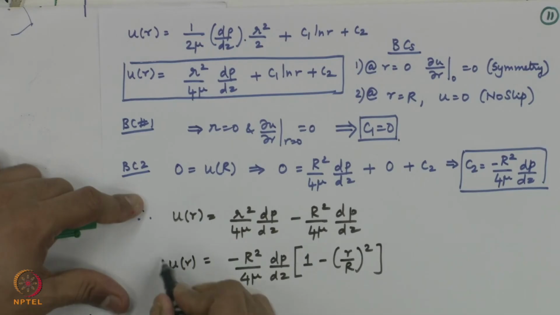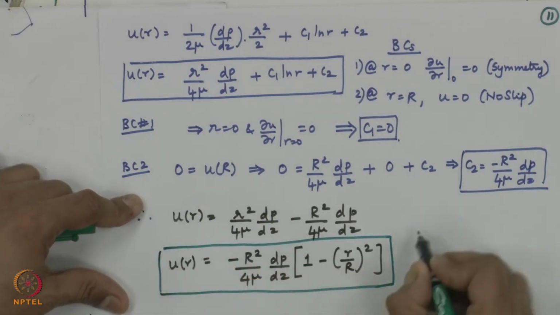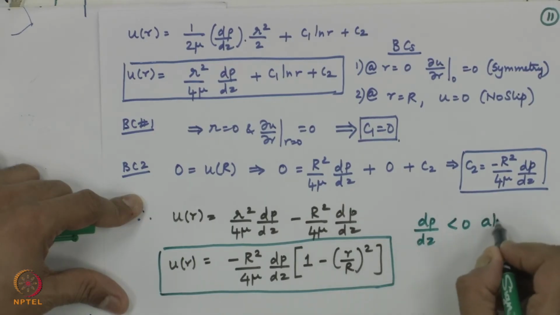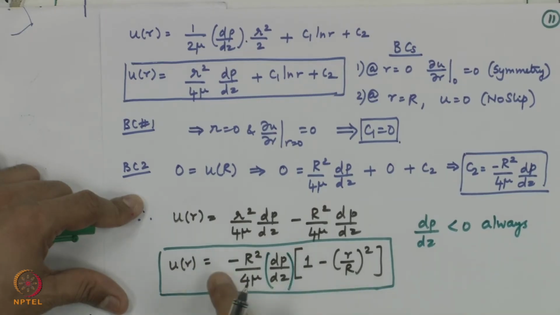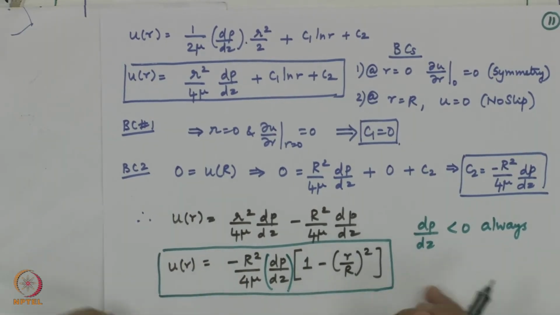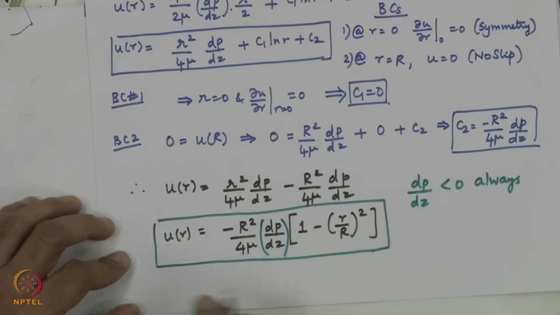Notice that this has a minus sign in front, dp by dz has to be negative in the flow direction always. Therefore, this term is negative, there is a minus sign here, and velocity will come out to be positive because the square bracket is always between 0 and 1.